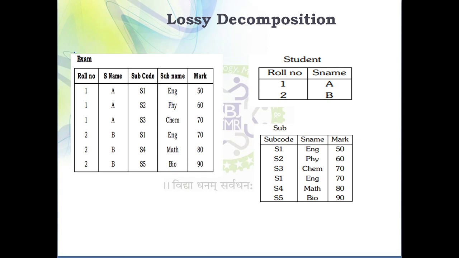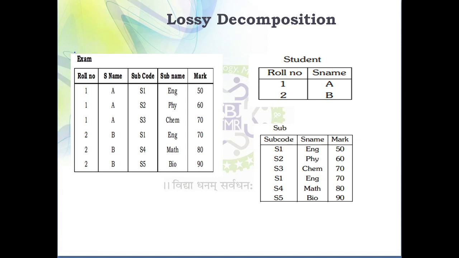This is an example which explains how we are losing some information. Suppose I split this exam table into only 2 sub tables. One is a student table where I store only student information such as roll number and student name, and the second one is a subject table where I store subject code, subject name and marks. So I can say I lose some information. Can you identify what information we lose here?